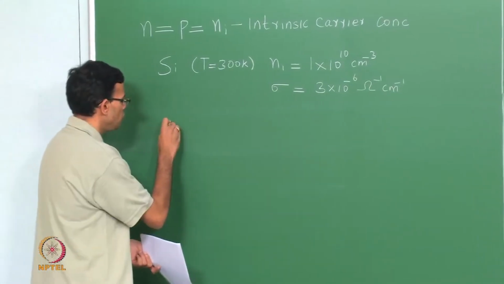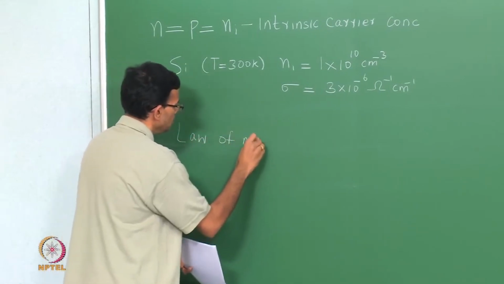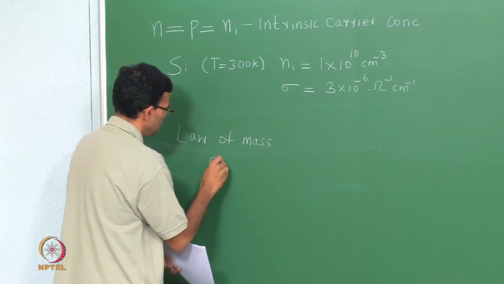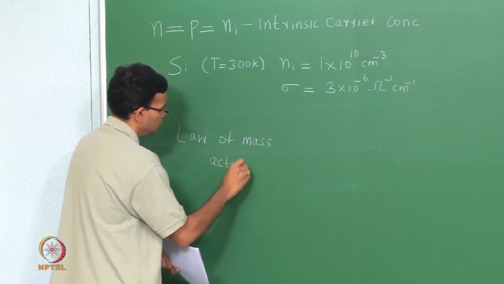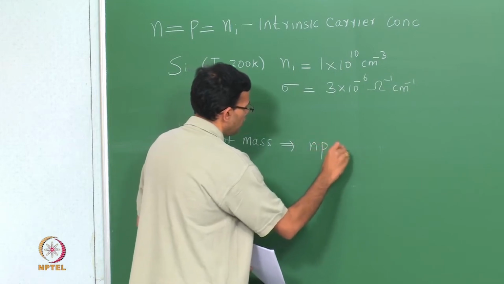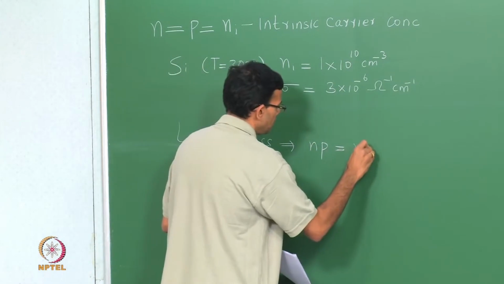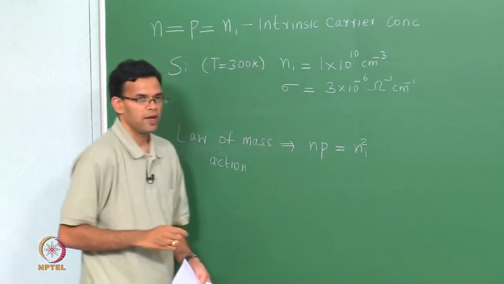We also saw this law of mass action, which states that the product of electron and hole concentration at equilibrium is equal to Ni square.